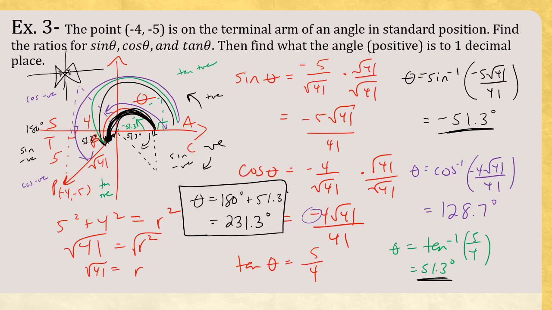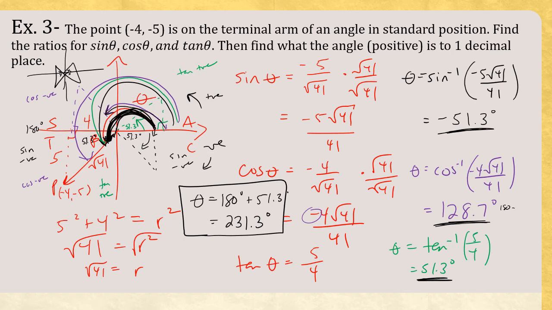Now I said I would come back to the cos. And again, you can use any of these. It's just totally, how do you wrap your mind around this? I got 128.7 for cos. If you use that, 128 gets you to that first purple one right here.